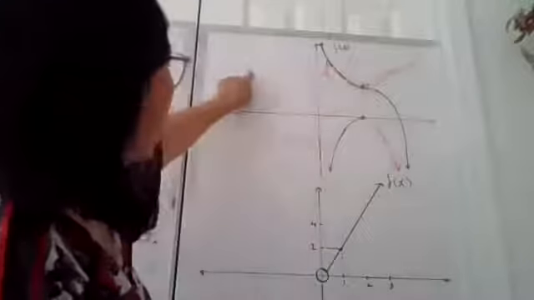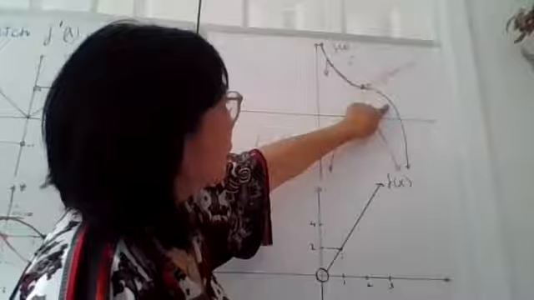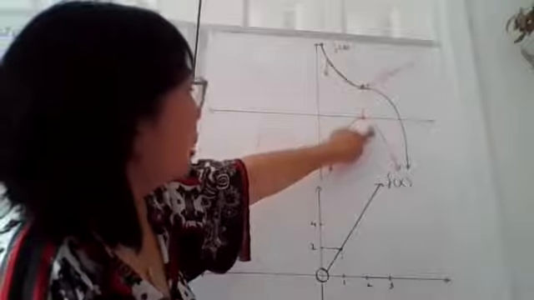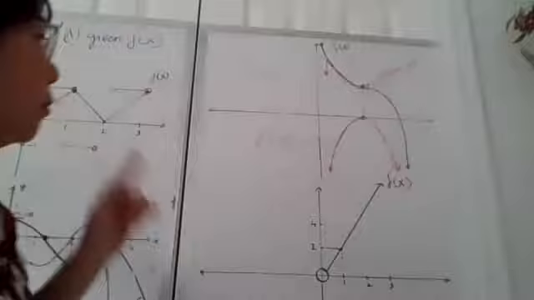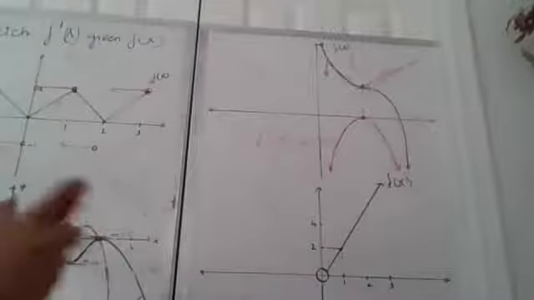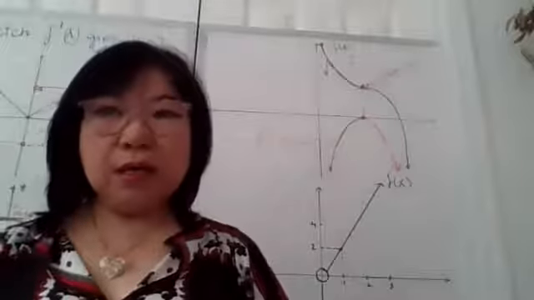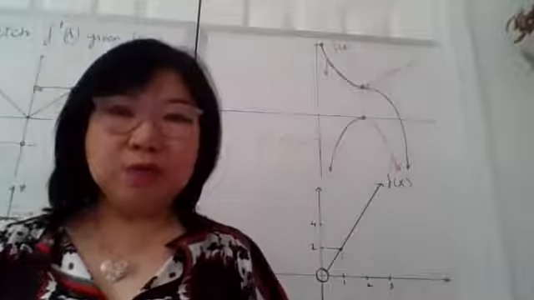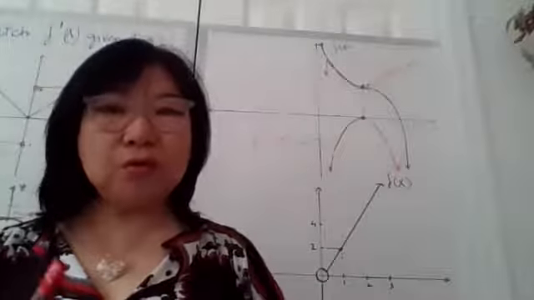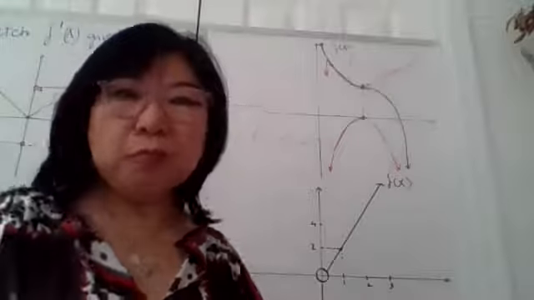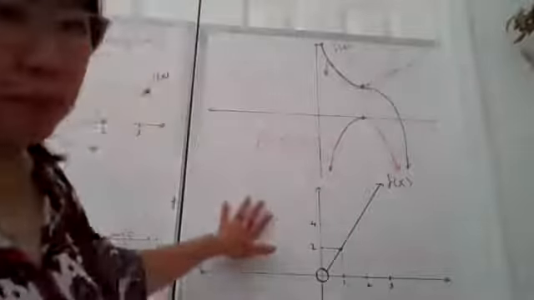Concave down shows that the function keeps decreasing on the way down, so we still have a negative slope. After the sketching, I will show you a hint to recognize where to start sketching. I will do a summary for you, so it will be a little bit easier.